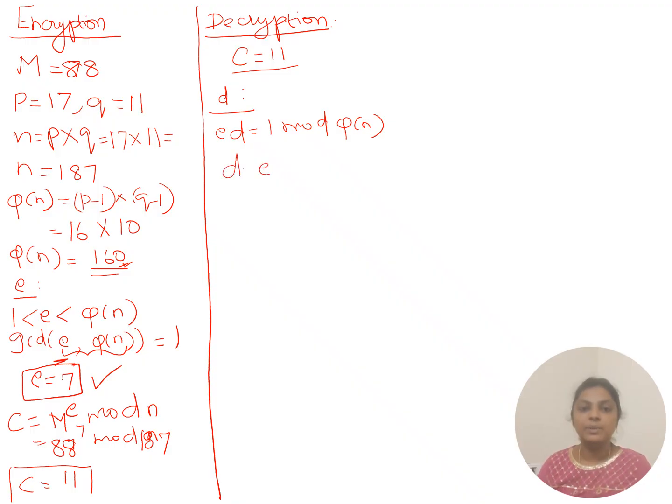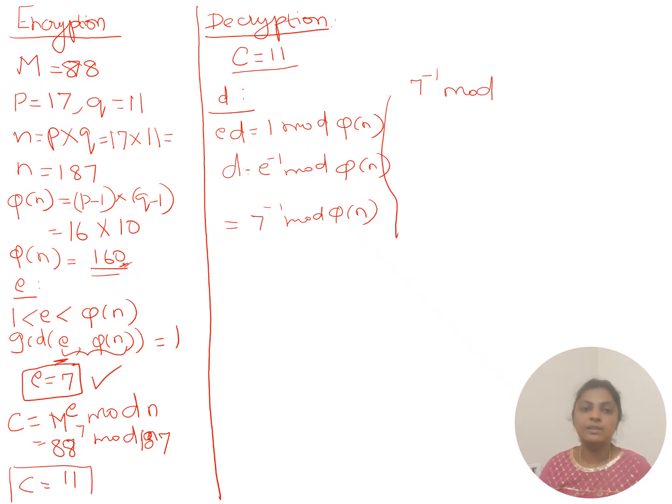So it will be E inverse mod phi of N. E value we already know, which is 7. So we need to calculate 7 inverse mod phi of N. I hope you have learned how to calculate the 7 inverse mod some number. Here the phi of N value is 160.